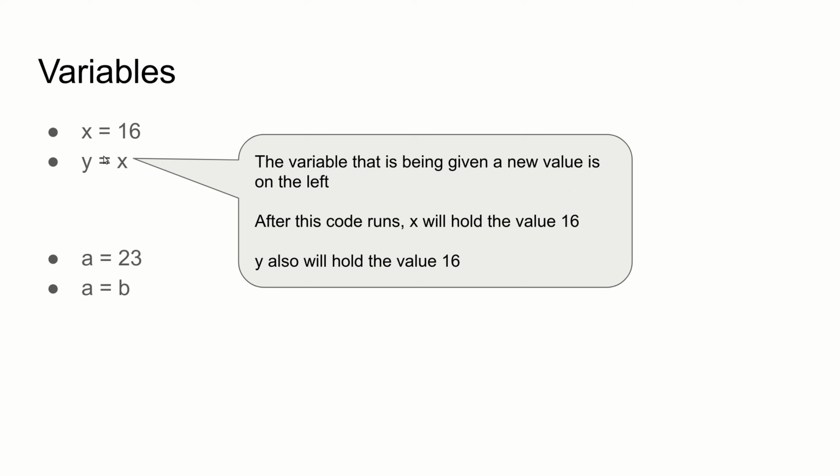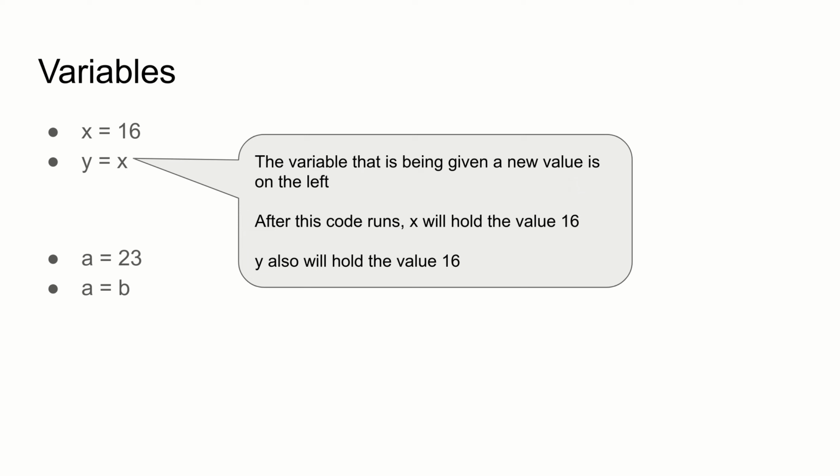Now, the trick to this is where you use x, the programming language, as it runs, will look up what x currently means. So this is similar to how in regular speech we use pronouns or we use other sort of references for people.